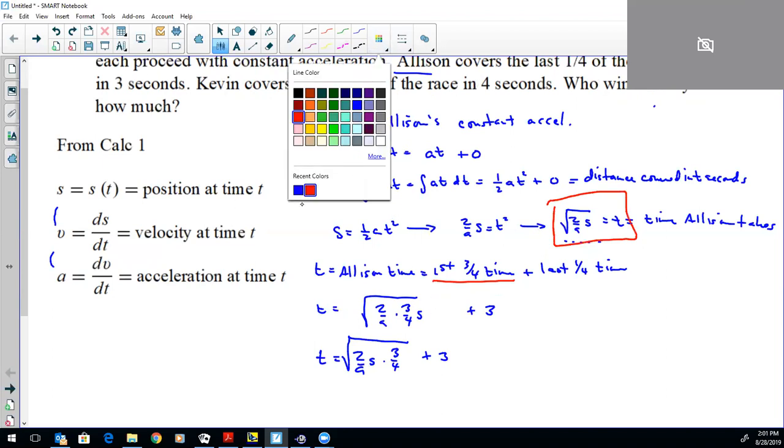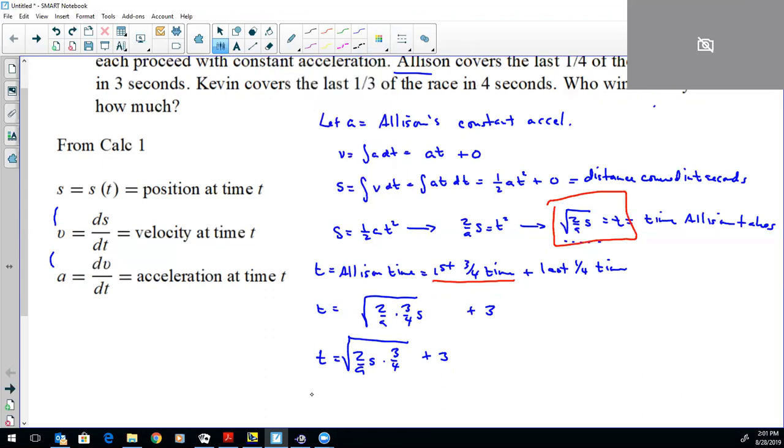In other words, the time it takes her is the time on the first 3/4, and this much is t. Now we still have a 3/4 under the radical, because the 2 over A s under the radical was t, and then plus 3. Well, this is a real simple equation. It's just a linear equation. T equals the square root of 3/4 times t, plus 3, with the 3/4 entirely under the radical.